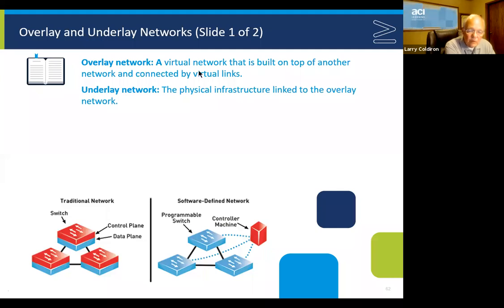The overlay network is going to be a virtual network built on top of another network, connected by virtual links. So the tunneling is going to pick the paths to go from one to the other. How do we get from this network to that network?